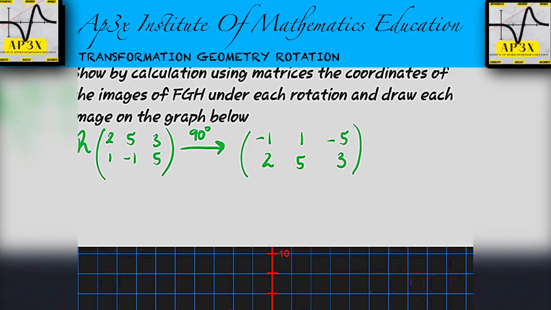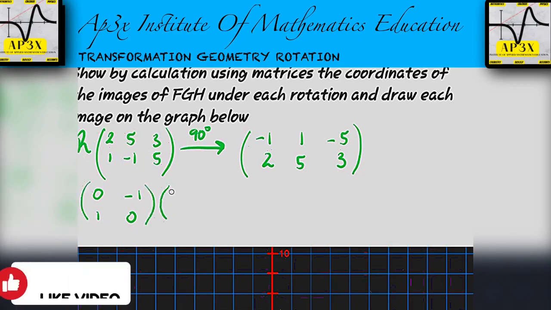Now, when the question says use matrices, you should actually use the matrix for 90 degrees, which if I remember correctly is 0, negative 1, 1, 0.